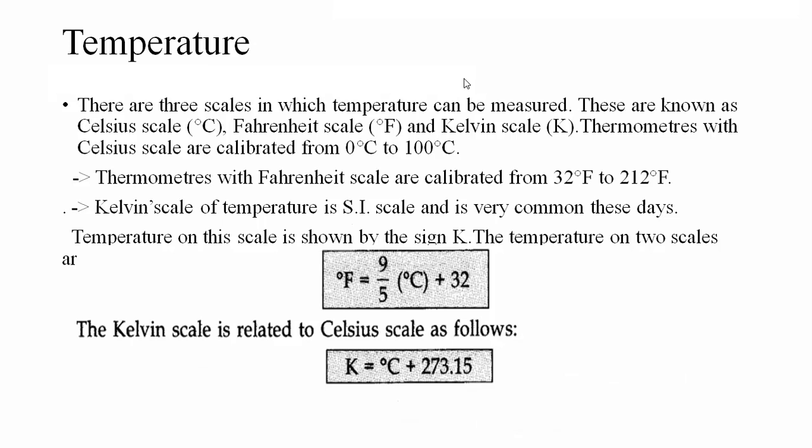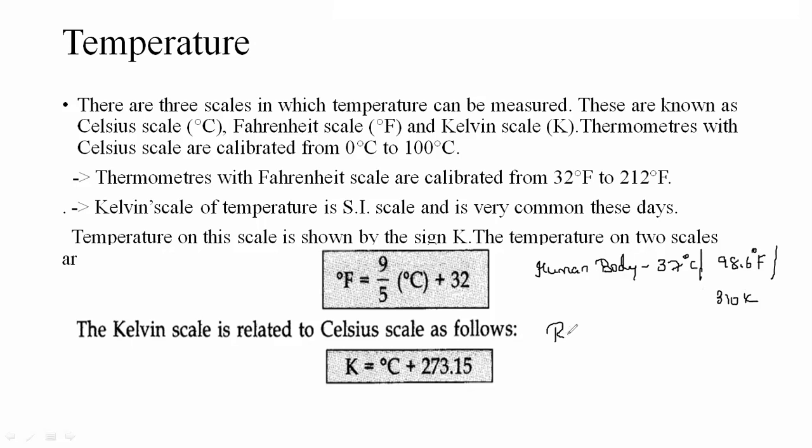What is the temperature of the human body? It is 37 degrees Celsius, or 310 Kelvin, or 98.6 degrees Fahrenheit.